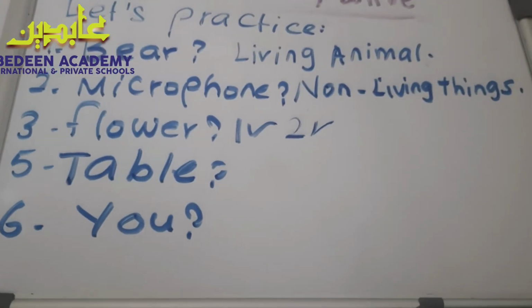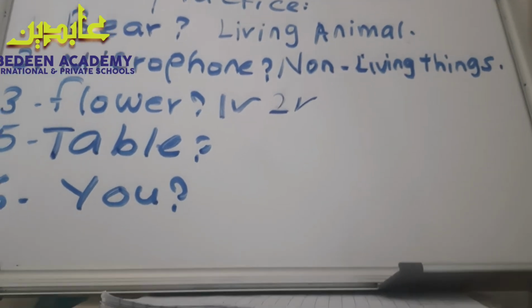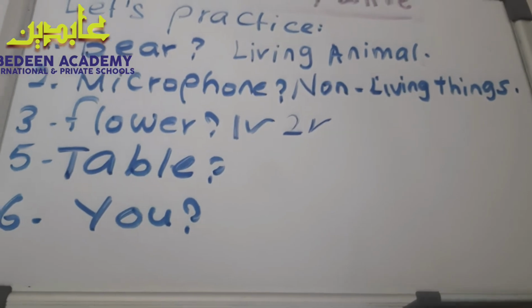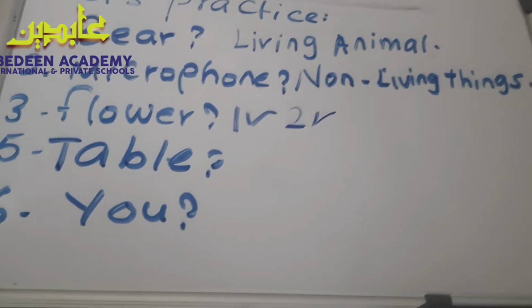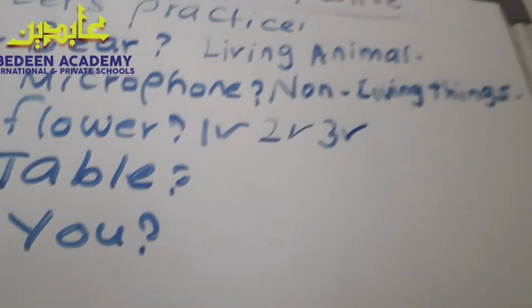And then, does a sunflower grow from being a small plant, a small flower, to a big flower? Yes, very good. It starts as very small seeds and it will grow to a big sunflower.